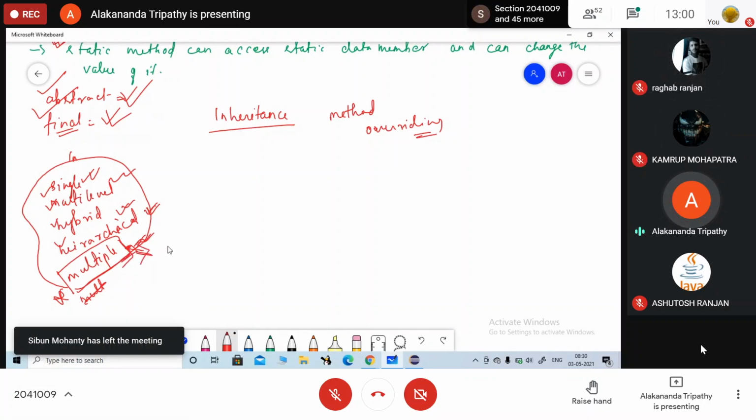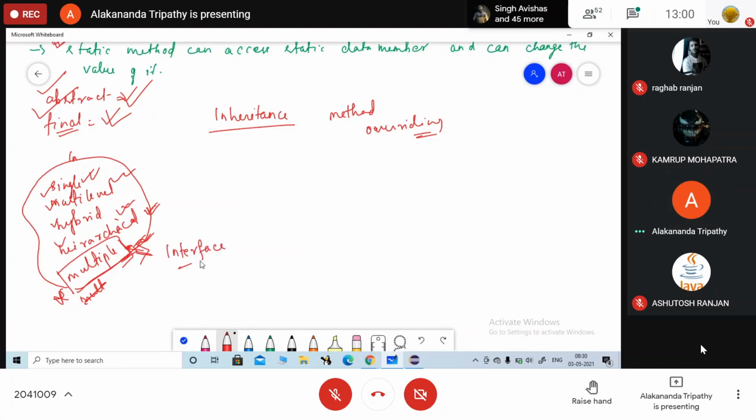In order to achieve multiple inheritance, we will learn interface. There is some ambiguity in multiple inheritance, so it is basically not used in Java. Instead of multiple inheritance, we will learn what? Interface. The basic 3 types of inheritance we are going to discuss, that is single, multi-level, and hierarchical inheritance.